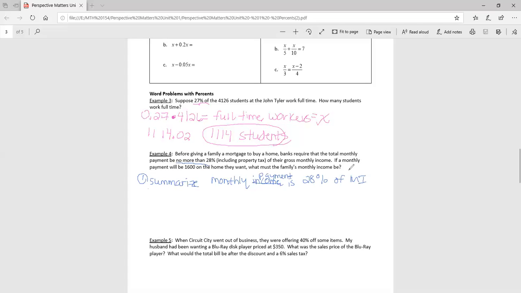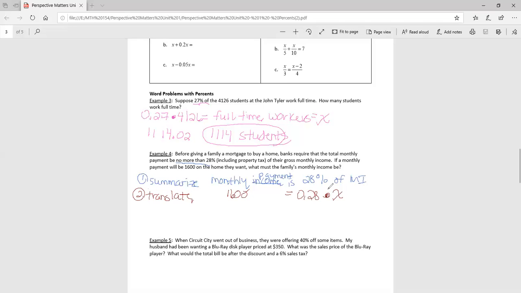Now we can translate that. So then I'm going to come back over here and let's translate that into a sentence. Okay, so monthly payment, which is $1,600, is 28% of whatever that monthly income is, and we don't know that.